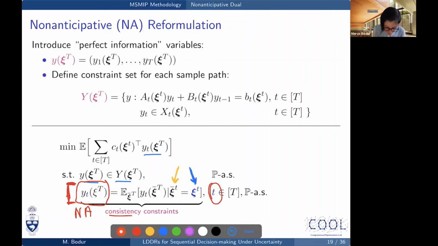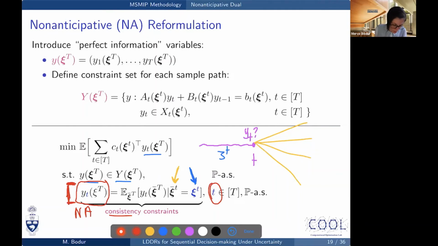So in other words, if you think of this as a demand path that you observed and you are here at stage t and you are trying to decide on what to do about these YT decision vector, irrespective of the future, if your history is fixed to psi t, irrespective of what else you will see after that point, you are supposed to make the same set of decisions. So they should take the same values, they should be non-anticipative. So in other words, these are ensuring this non-anticipativity.